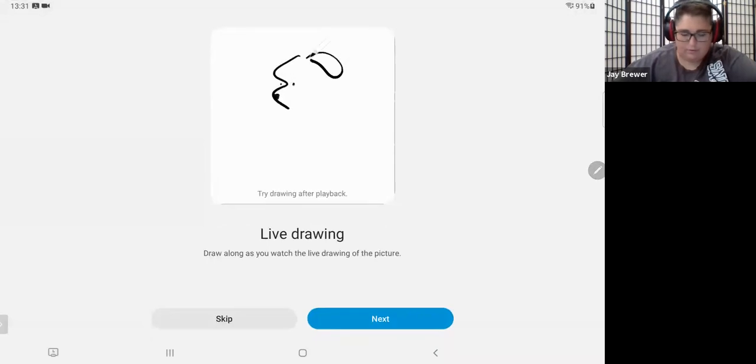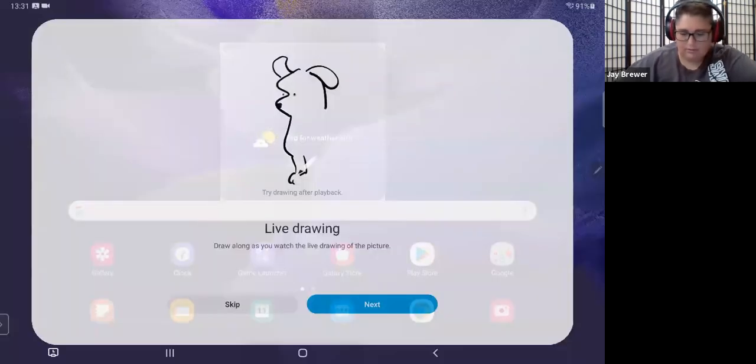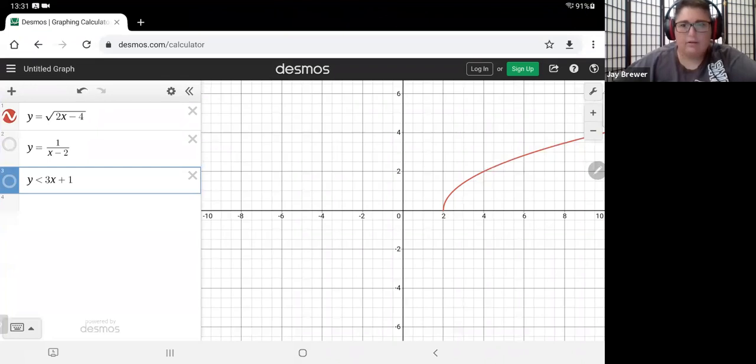If you pretend that you are drawing your vertical lines there, you'll see that it passes the vertical line test.